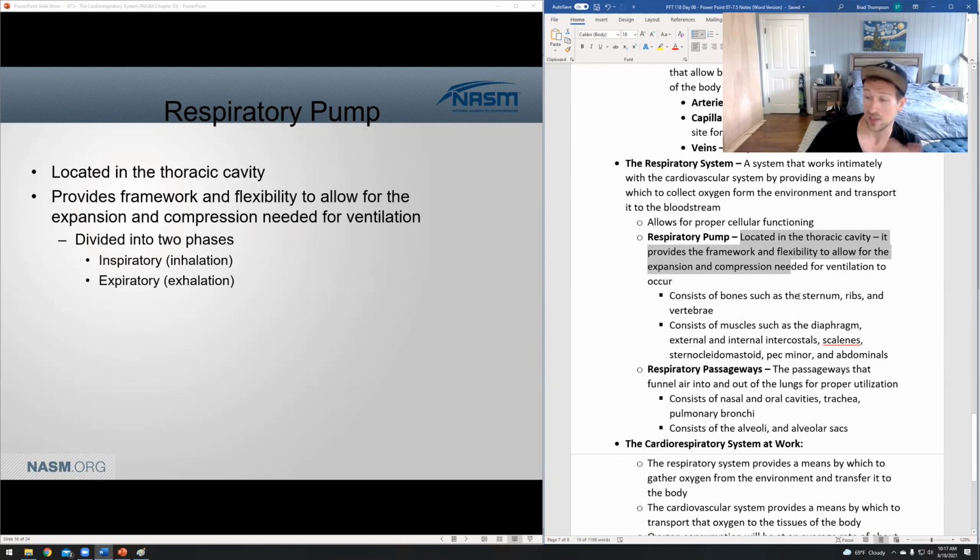This consists of bones like your sternum, your ribs, your vertebrae. All of those things push your lungs back down when you're relaxing, to push air out. But it also consists of muscles like your diaphragm, your external and your internal intercostals, which live between your ribs.